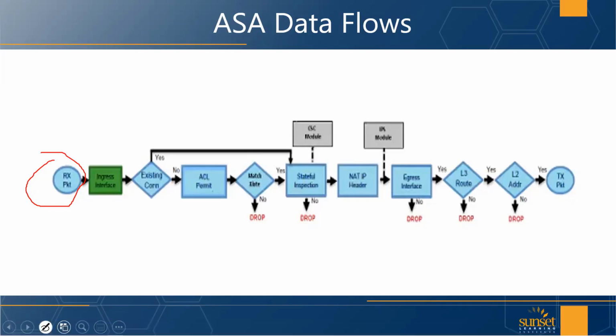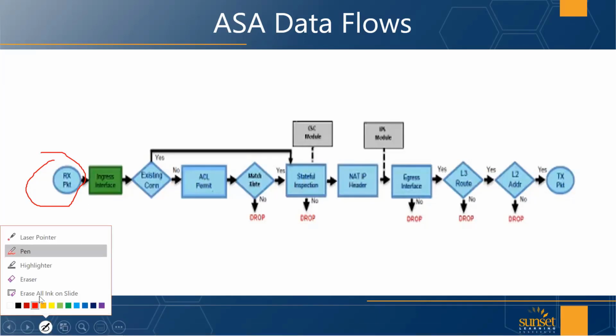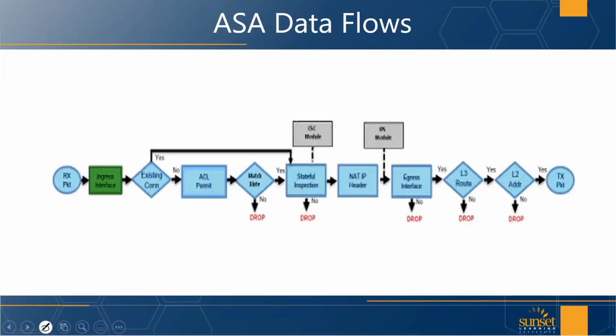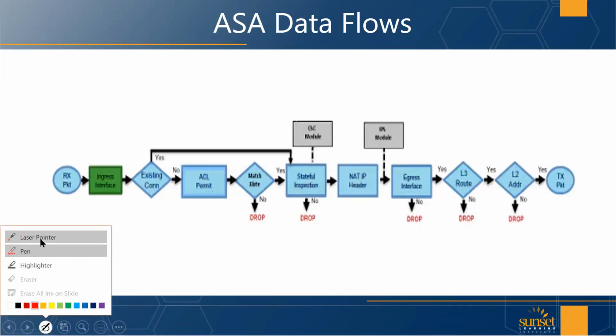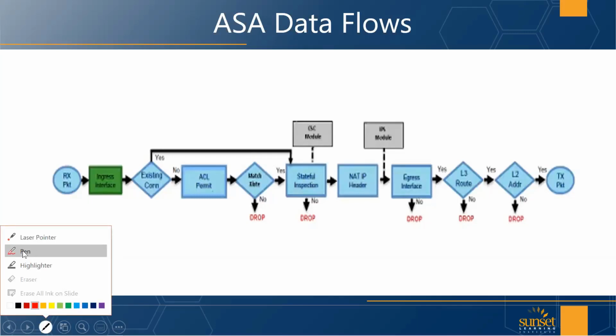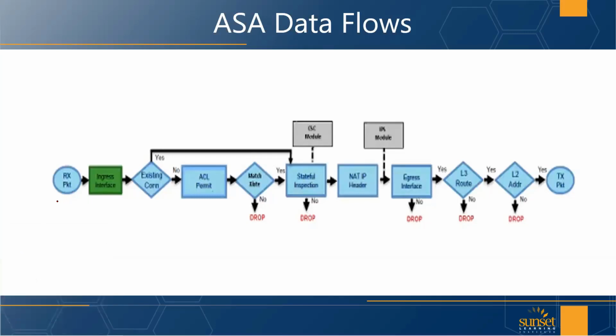Now, if it's an existing connection, let's go back here and erase what's on the slide. All right. Now it's coming in here, and it hits the ingress interface. Right, it's still part of the FIFO queue, and we look at it.